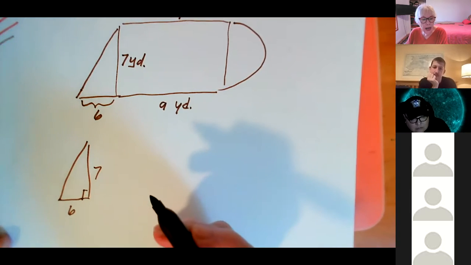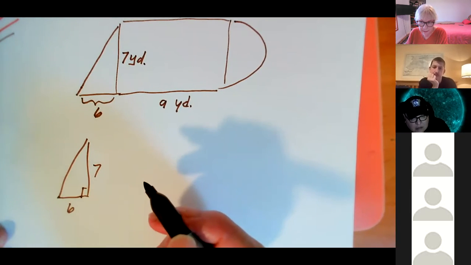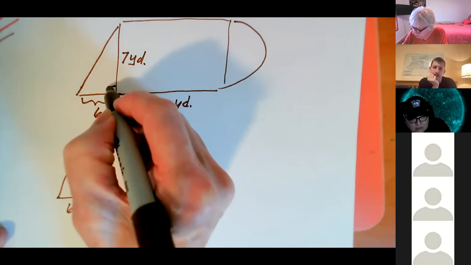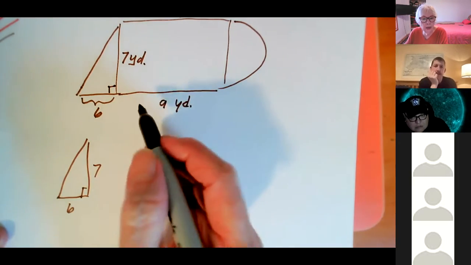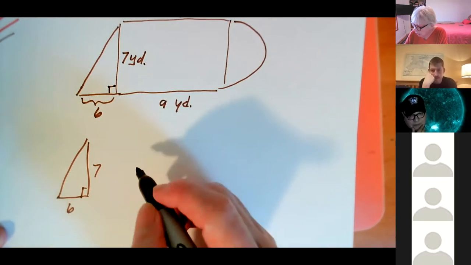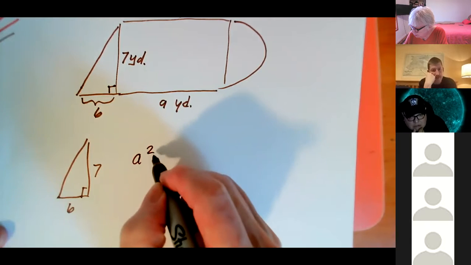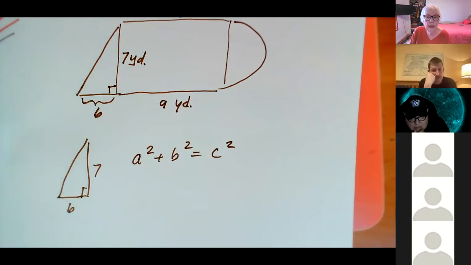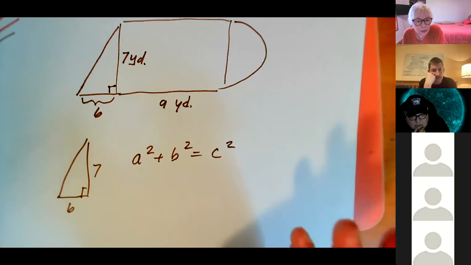So what we're doing is putting together some of the things that we already know. This was the Pythagorean theorem. It was a right triangle, because this was a rectangle. And so a squared plus b squared is c squared. So this is like review.